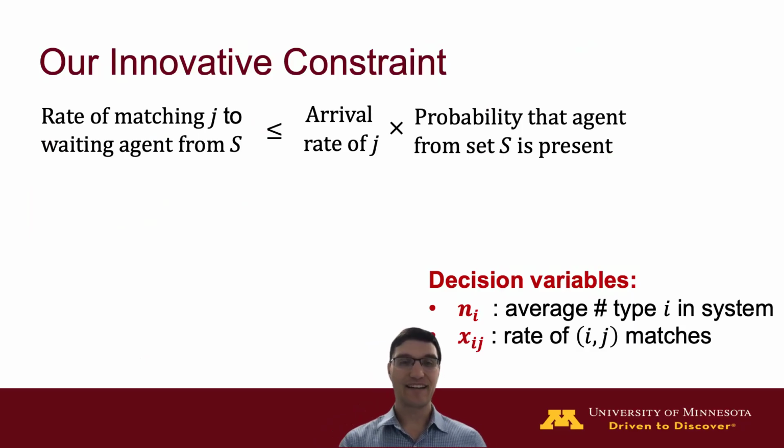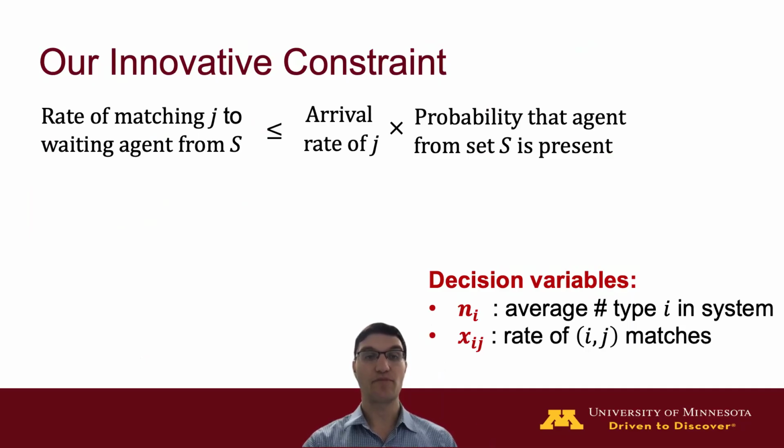Okay. And the idea is the rate at which I match an agent of type J to some agent that's waiting and belongs to the set S is limited, right? So in particular, how quickly can I match agents of type J to some agent of type S? Well, first of all, no faster than the arrival rate of J, for sure. I can't match them any faster than they arrive.